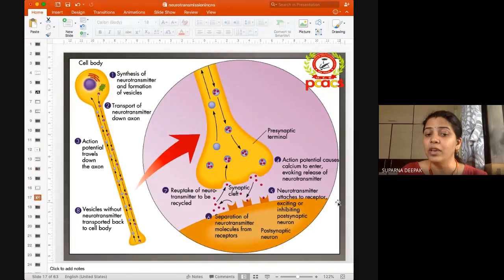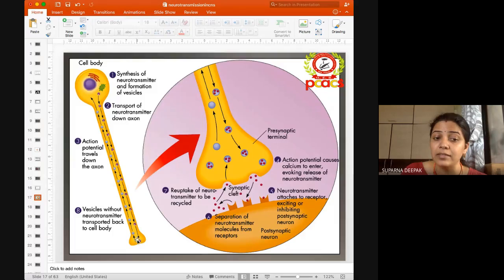So you have the postsynaptic neuron where your receptors are there, and these receptors are associated with your channels. So when your neurotransmitter comes and binds, it is going to be released. Here, another picture also shows you how your action potential travels down the axon. And here you can see, as we were talking about the other day, that there is an interaction between the axon and your cell body also.